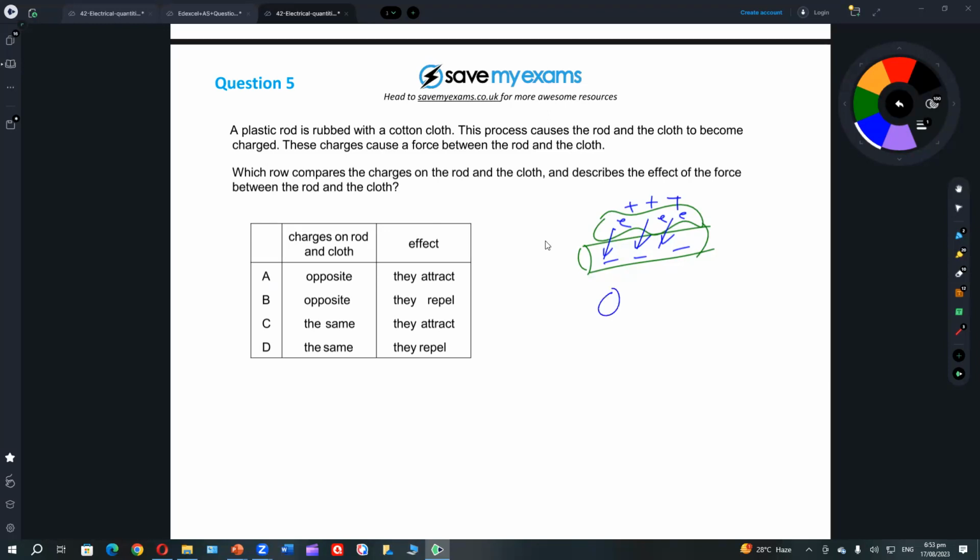So the case is opposite charges. So two options have narrowed down. A. Okay, Hamad, your option on that.